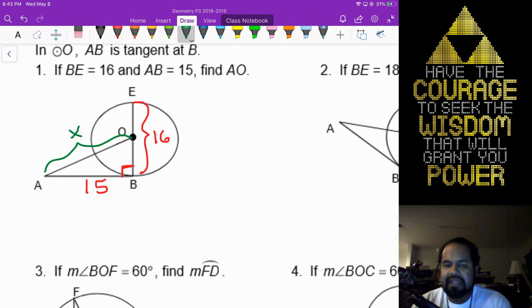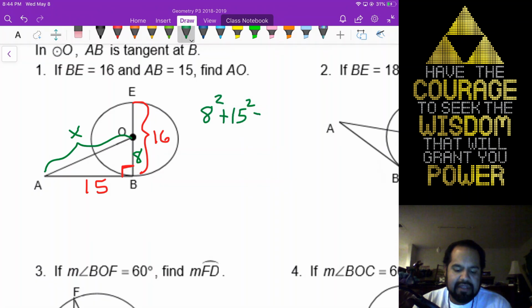This one is literally screaming Pythagorean theorem, but before I can do that, I've got to use that 16 from the diameter and make it the radius, which is 8. And now we can say 8 squared plus 15 squared equals x squared. Leg squared plus leg squared equals hypotenuse squared.